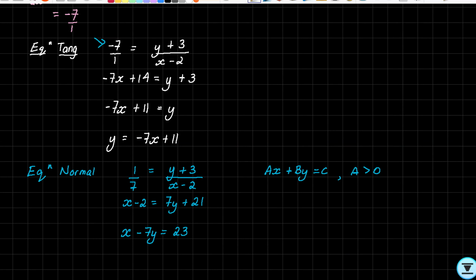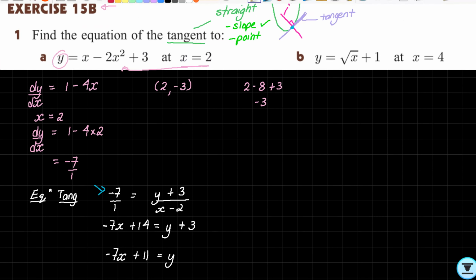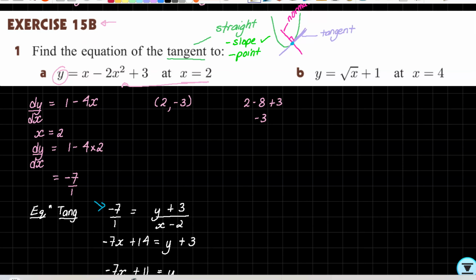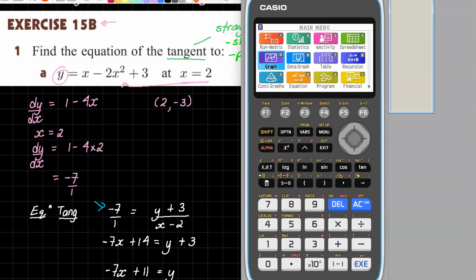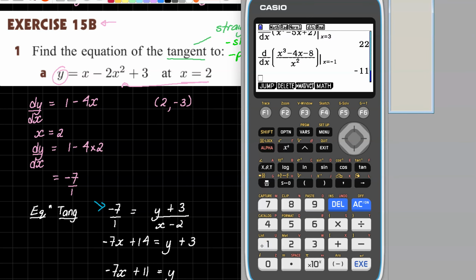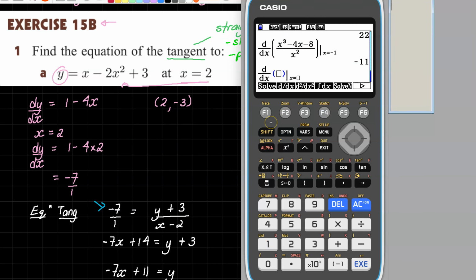Well, let's see if we can check this using our graphics calculator. Remember you can go into the normal run mode, option, calc, d by dx, and you can type in your function. So x take 2x squared plus 3.